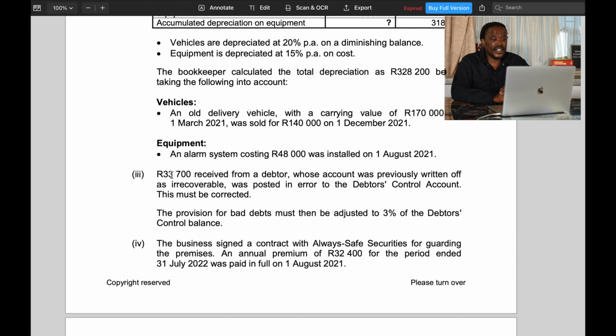You carry on. Now, 33,700 received from a debtor whose account was previously written off as irrecoverable was posted in error to the debtor's control account. This must be corrected. 33,700 received from a debtor, whose account was previously written off.